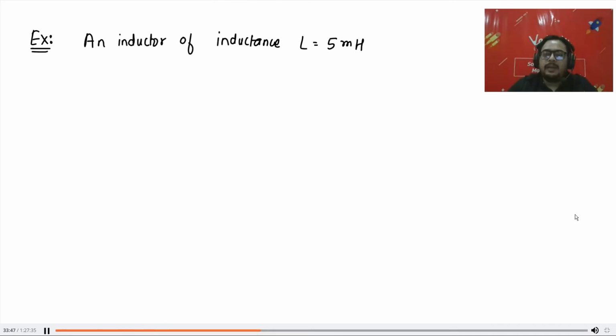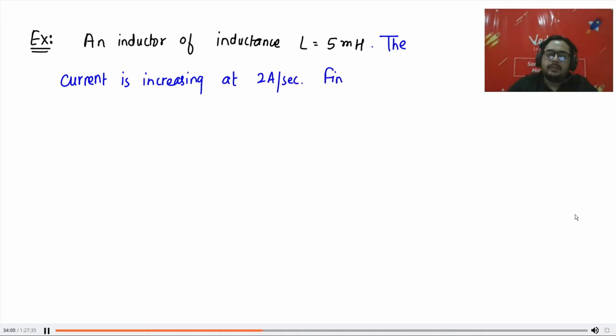Okay, so 5 millihenry you have an inductor. The current is increasing at 2 ampere per second. Find the induced EMF in the inductor.